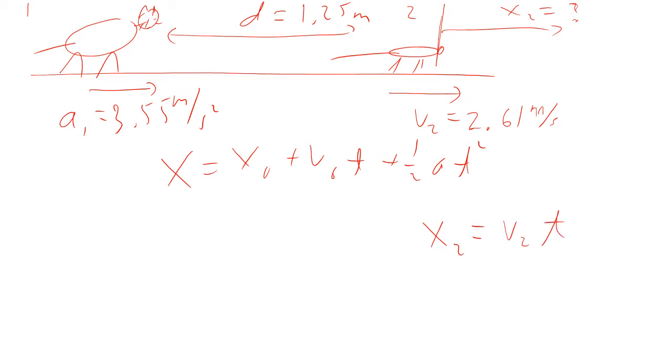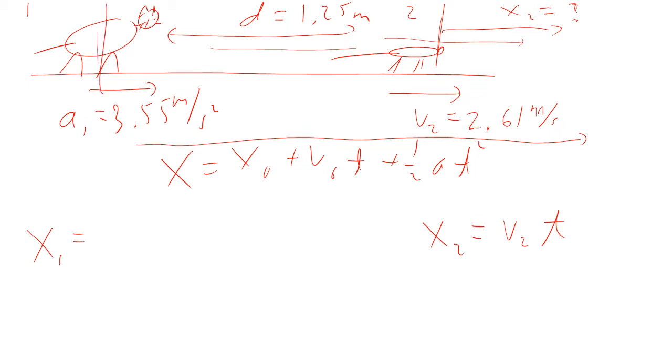What about the cat? The cat runs a much farther distance. The cat has to close this distance here and then has to keep going, because the rat was running while the cat was closing the distance. So the total distance the cat ran, if we put our origin here where the cat is, say x naught is 0, the cat starts at rest, so that's 1/2 a1 t squared.